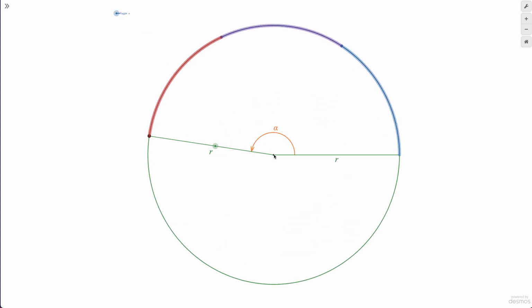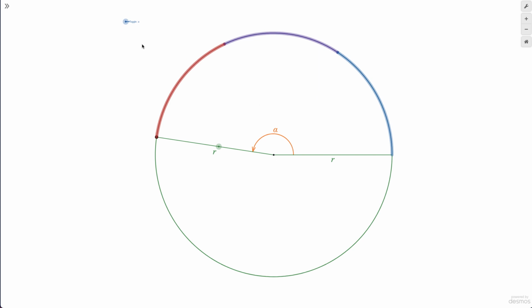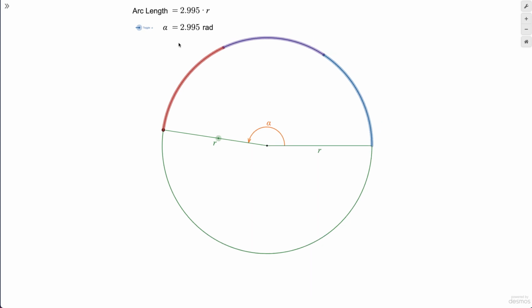So then this angle, let's see if I got actually 3. It's almost 3. So this angle would be approximately 3 radians. Okay, because this arc length is approximately 3 times whatever the length is of the radius.